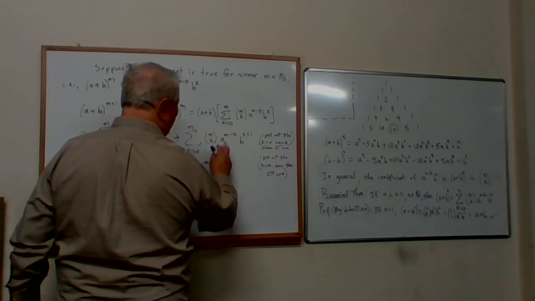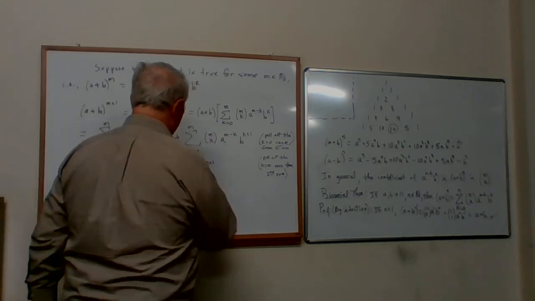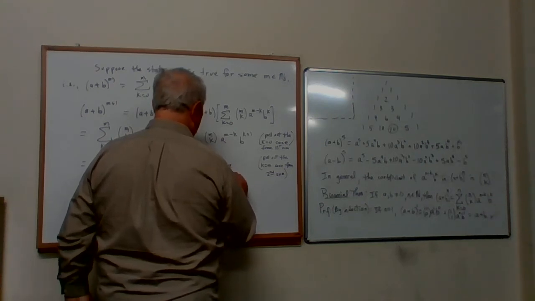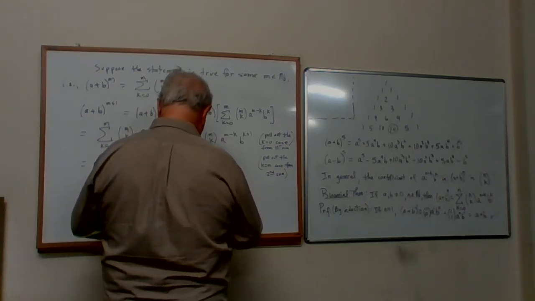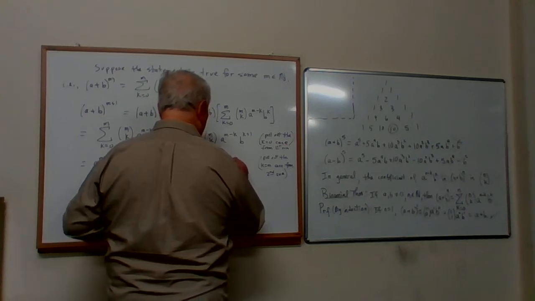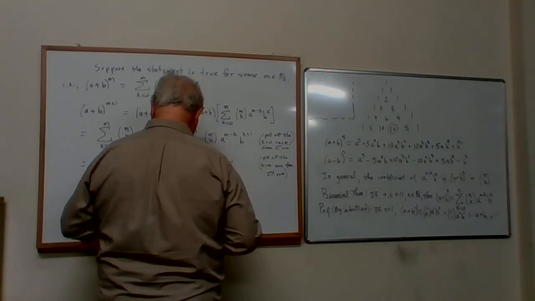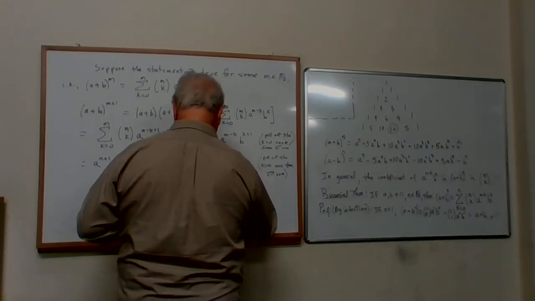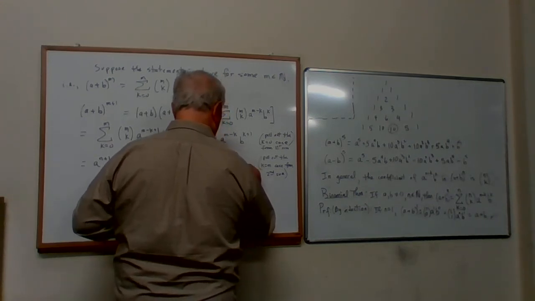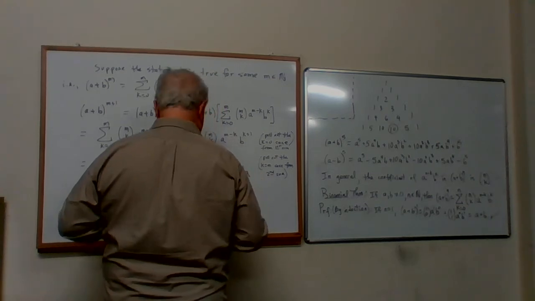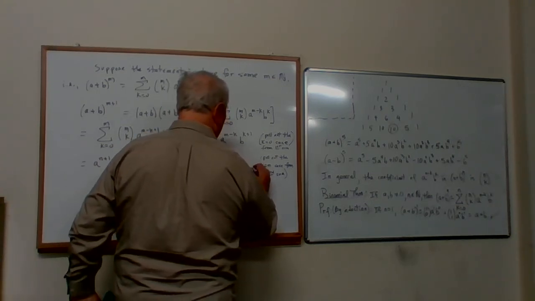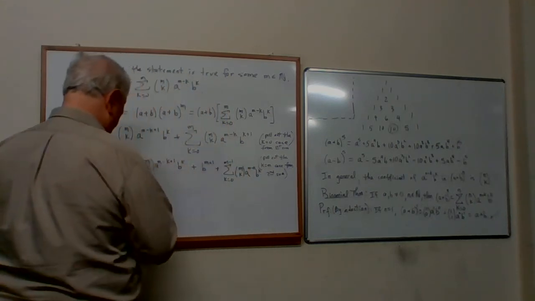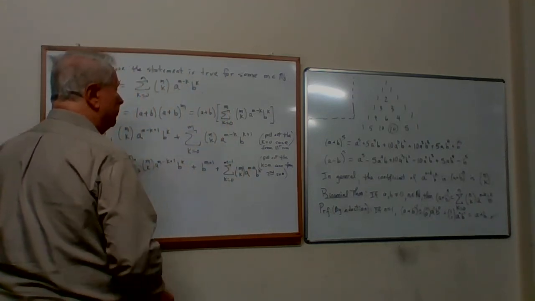This is 1, this collapses. Plus the rest of this, which is the sum from k equals 0 to m minus 1 now. And then this is m choose k, a to the m minus k, b to the k plus 1.